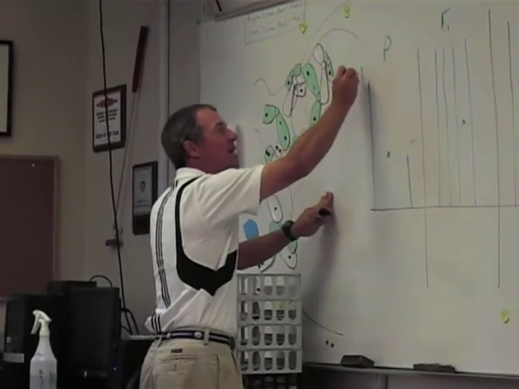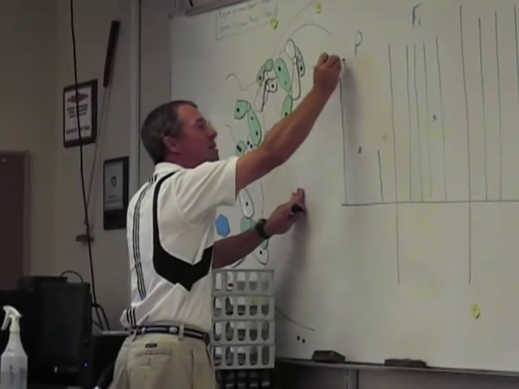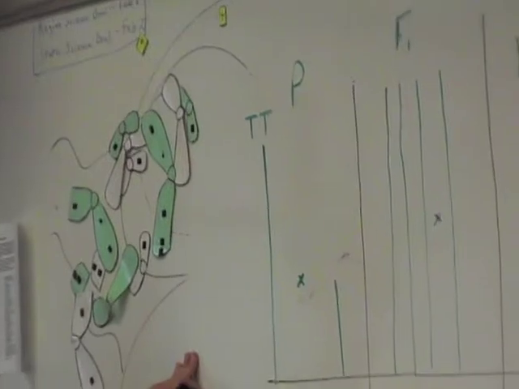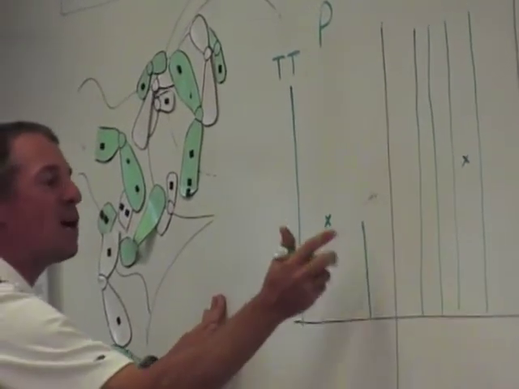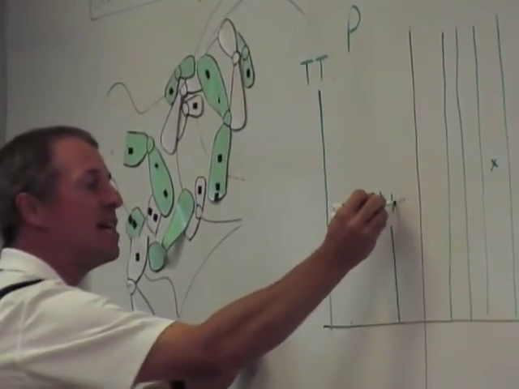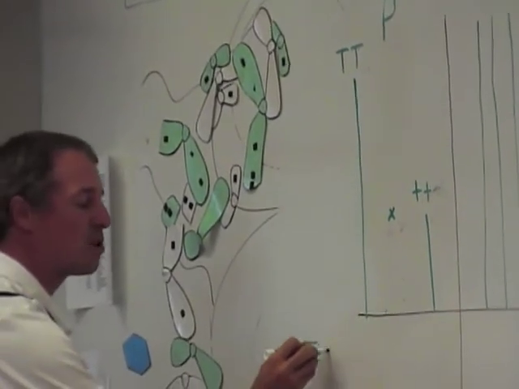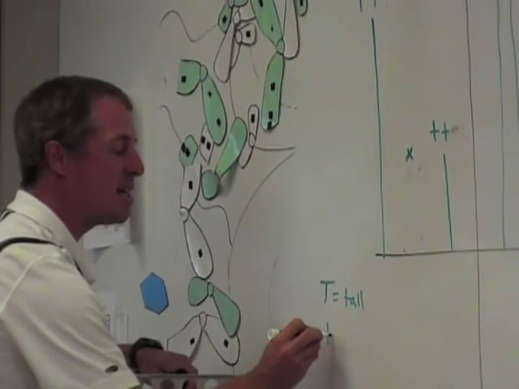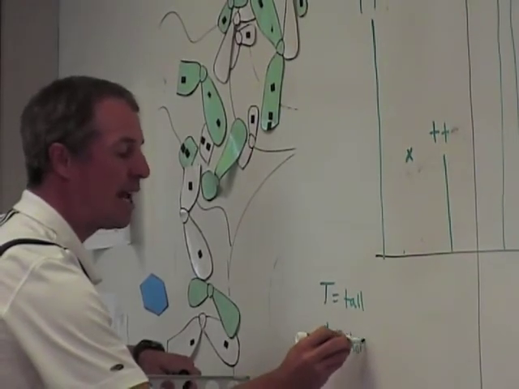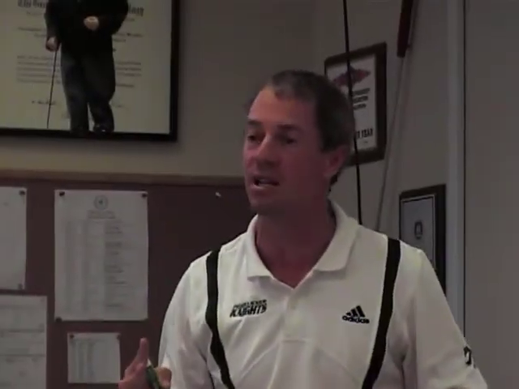And in this plant, he called them big T, big T. Big T means tall. In this plant, he called them little t, little t. Little t means short. Big T equals tall, and little t equals short. And every plant gets 2 genes, 2 genes for each trait.